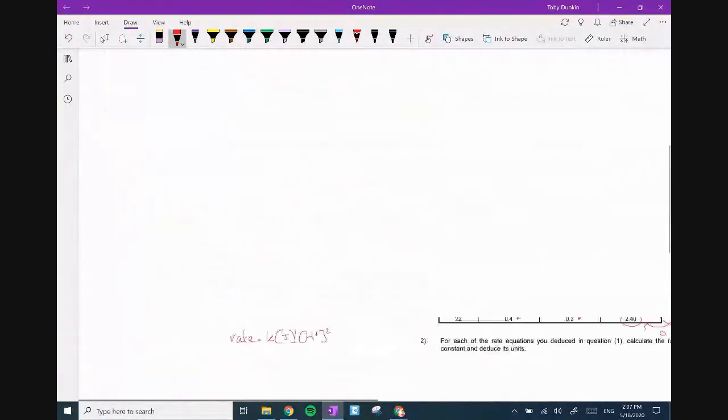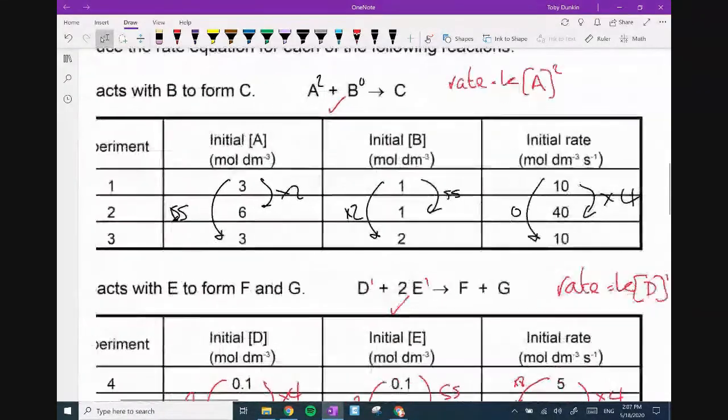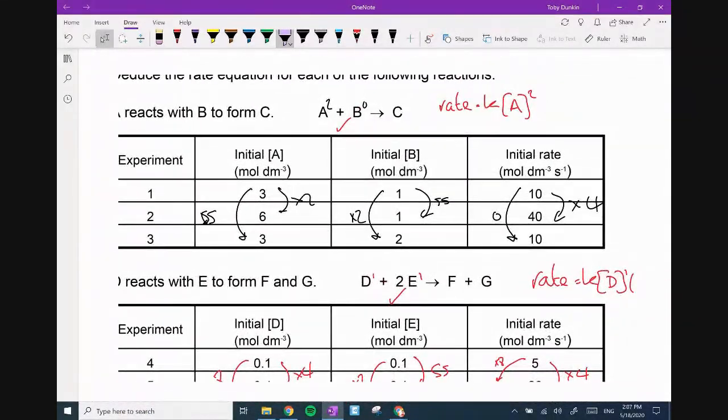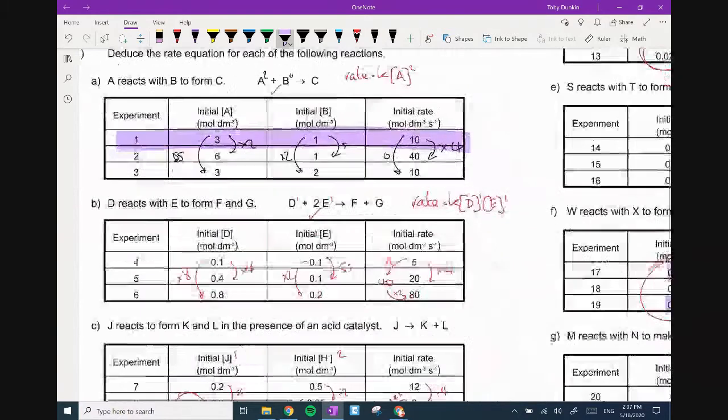So we go to my table for A, and I go, I need a full string of data. I can use any one of these, folks. Any one I like. Yeah, it don't matter, because all the data's complete. If there was a gap, I couldn't use it. You must have a complete string of data.